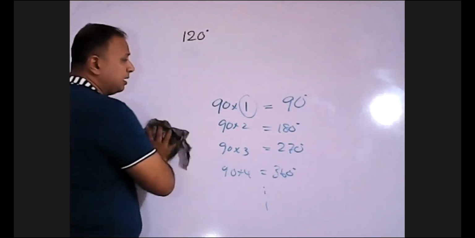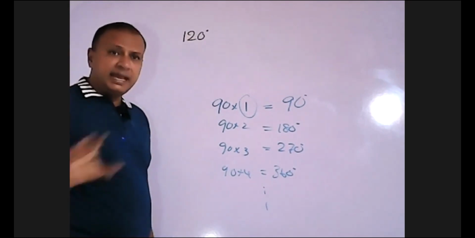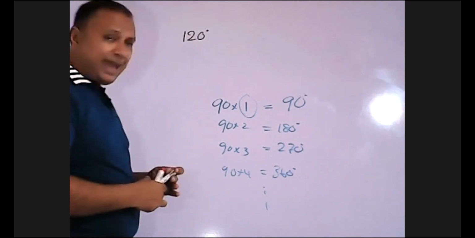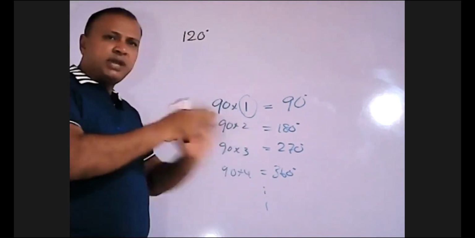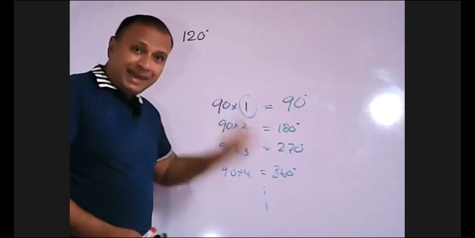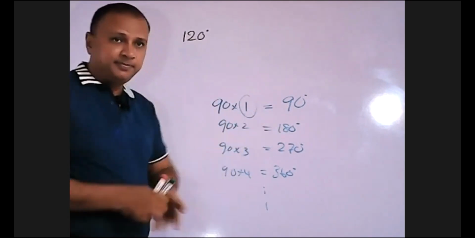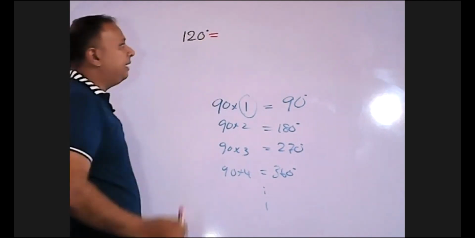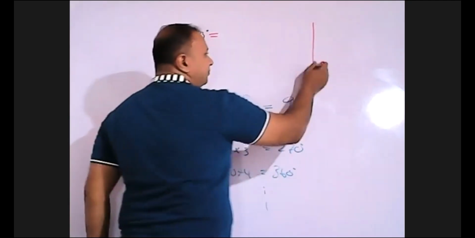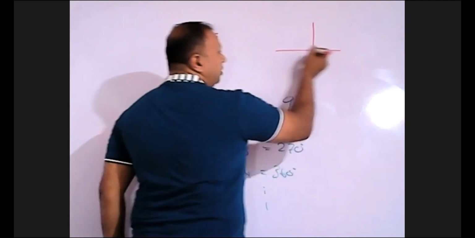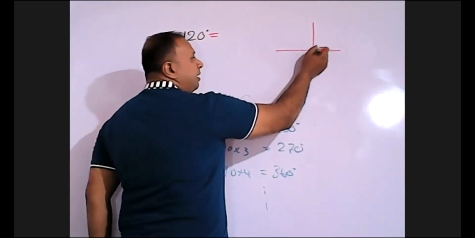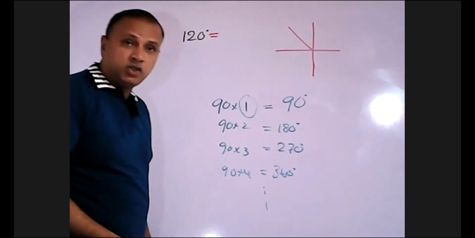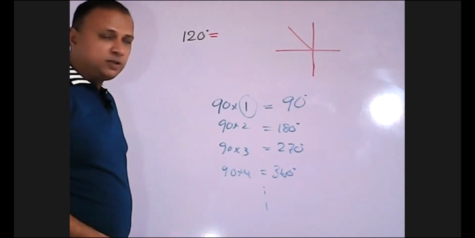Suppose you have to represent 120. 120 can be represented as the addition or subtraction between an acute angle and an integral multiplication of 90. 120 is an obtuse angle, and it belongs to the second quadrant.